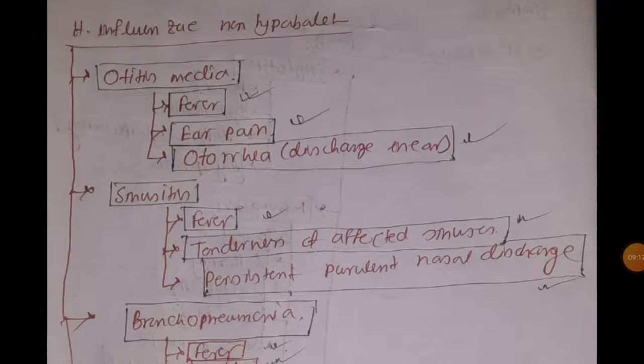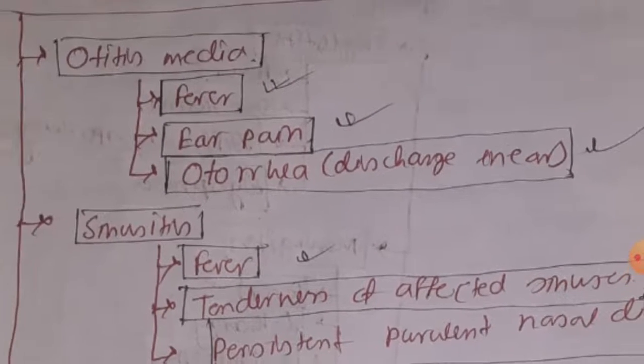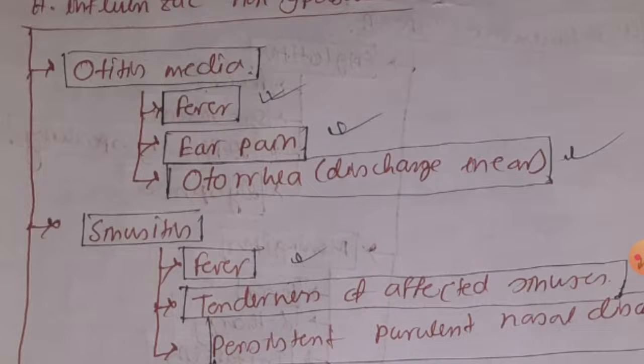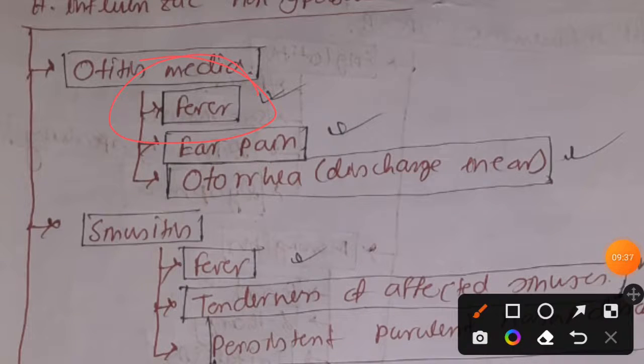First, it can cause otitis media by going up the eustachian tube and from there towards the middle ear. Remember very carefully that otitis media is an ear infection.